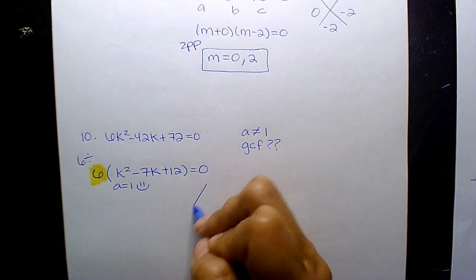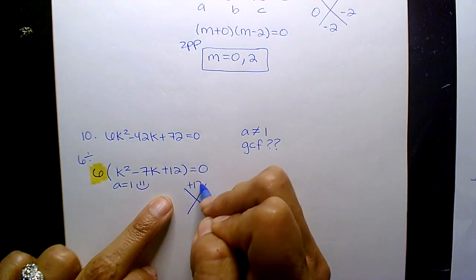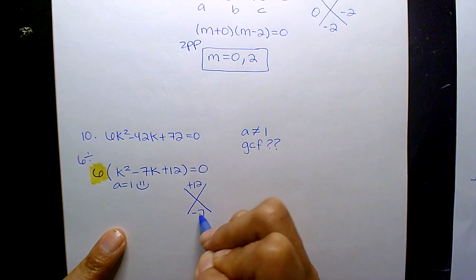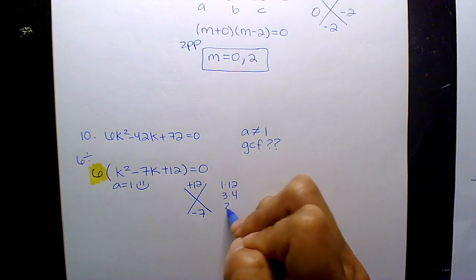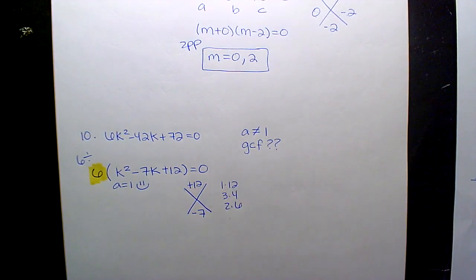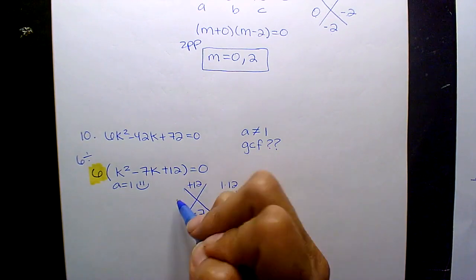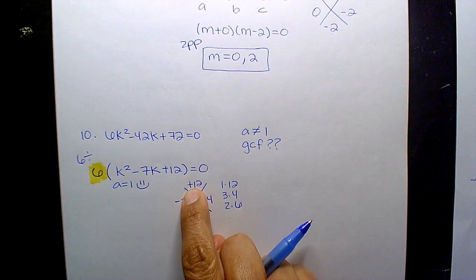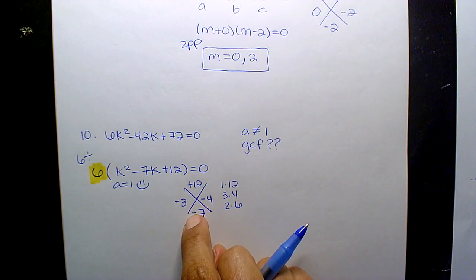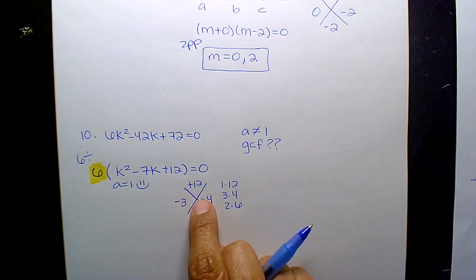All right, magic X. C value is positive 12. B value is -7. How do I make 12? Oh, I forgot 2 and 6. Okay, which one is it? Very good, because the 12 is a positive number, but the B value is negative, that tells you both of the numbers are negative.